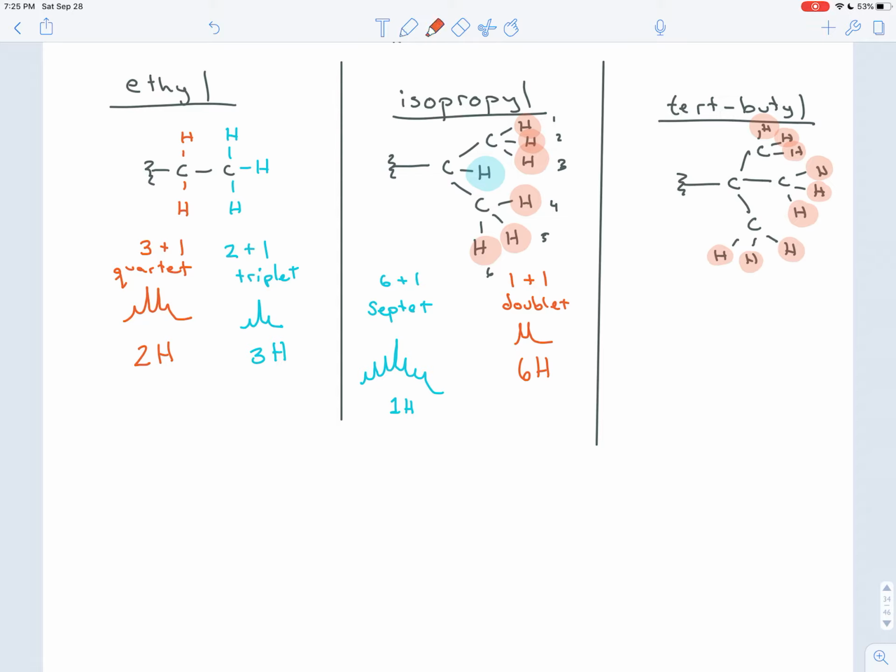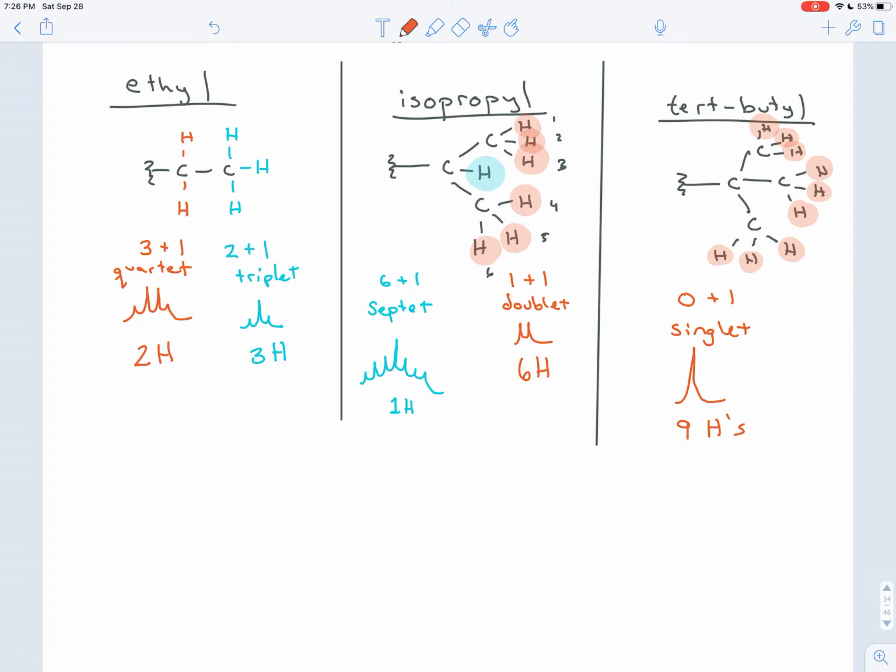If you look next door to it, there are no hydrogens on the carbon next door. So by the n+1 rule, the splitting pattern would be 0 hydrogens next door plus 1. That will be a singlet. But the unique thing about the singlet is that it will have an integration value of 9 hydrogens.